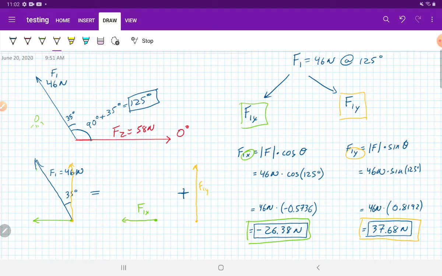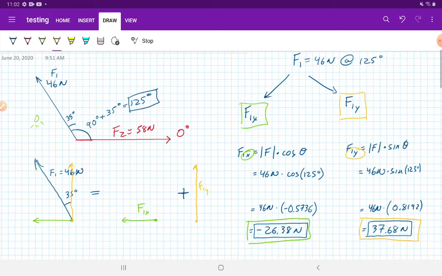It's actually pointing more north than west. So if it was at 45, the x component and the y component would be the same value. But since it's pointing more north, it makes sense that more of this 46 newtons is actually helping to the north. And it is. 37 is larger than 26. So my numbers make sense, right? Just instinctively. So that is how you calculate the components in the x and y direction.